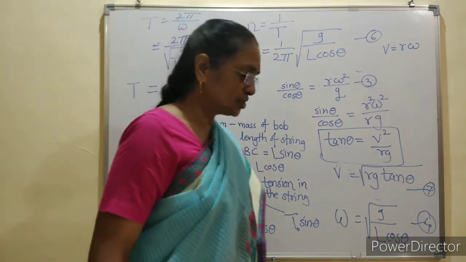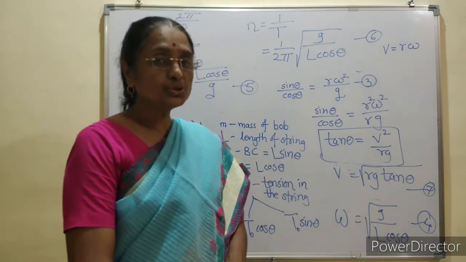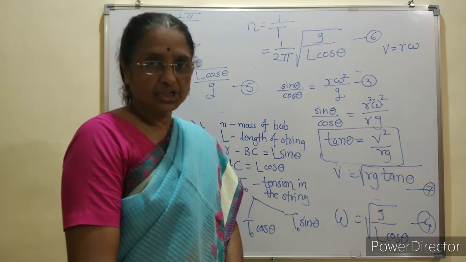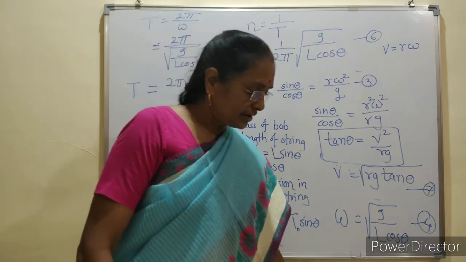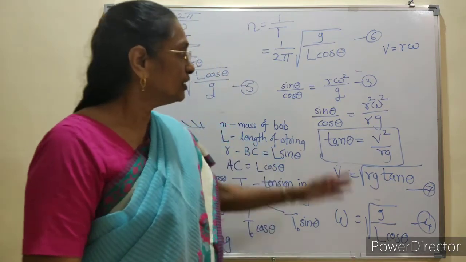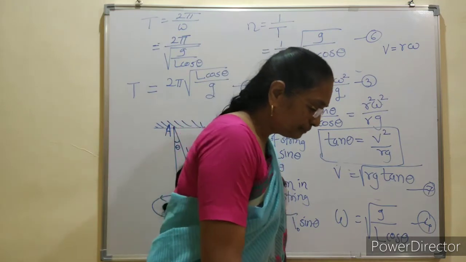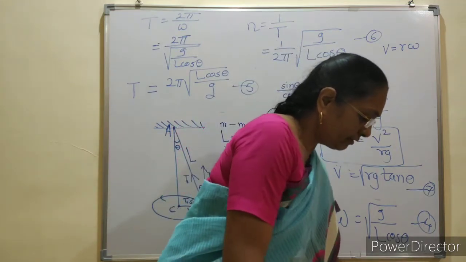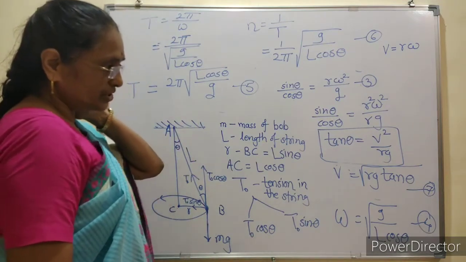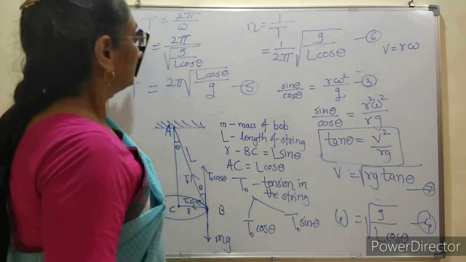So these equations we have to use in MCQs as well as short answer questions, and in numericals also we can calculate various terms related to the conical pendulum. So here I take one numerical problem which is based on these equations. We have a number of equations here.